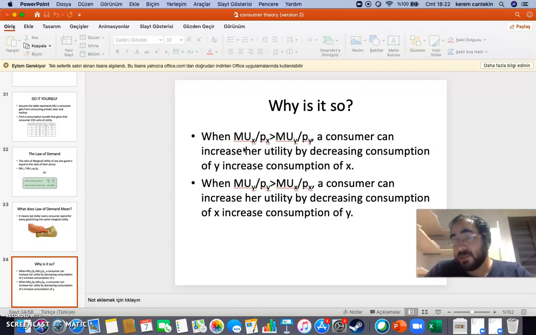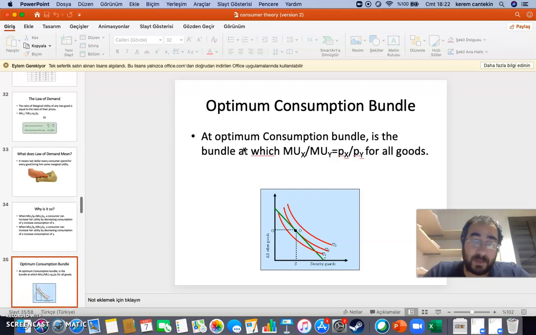So they will consider different options and make a final decision where the last unit of money they spent on all goods will give them the same amount of utility, which means the marginal utility of the last unit of each good divided by the price of that good will be equal for all goods.